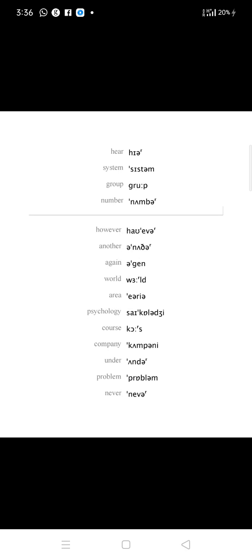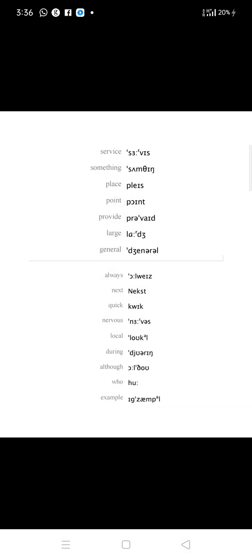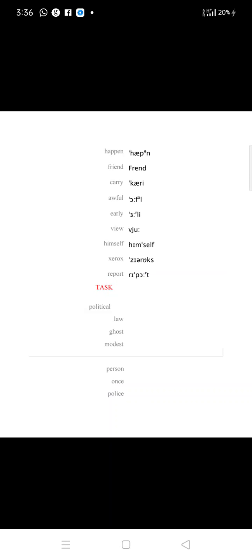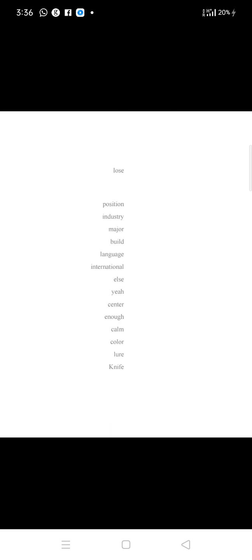Here you can go through all the examples. You will get a clear idea. And if you have any doubt, you can ask me anytime. Now, this is your task. There are some words, and you have to write down the symbols of the sounds used in these words.